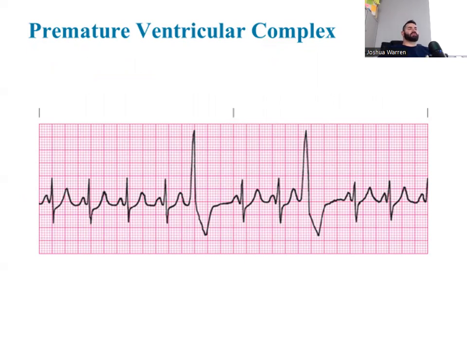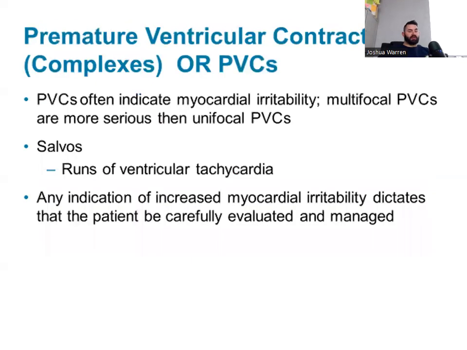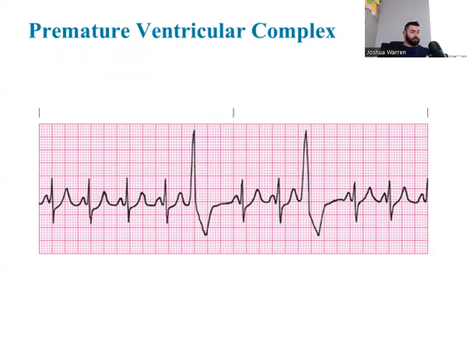PVCs are much easier to see than a PAC or a PJC because it doesn't require as much attention to the detail. When I first turned to this rhythm, you was like, oh, there's a big break in the pattern there. And that's what we're seeing, is that there's a break in the pattern. There's a huge complex that exists there. So we have a PVC occurring.